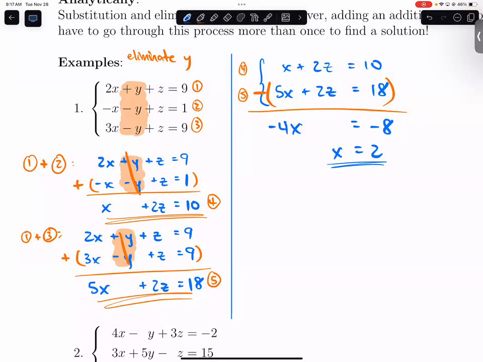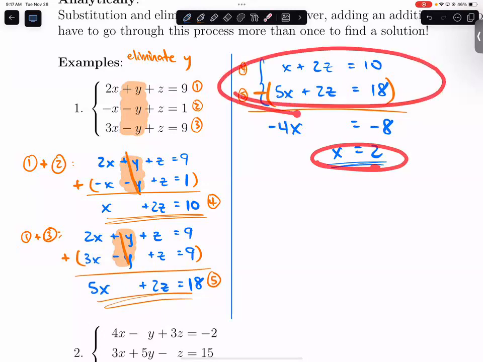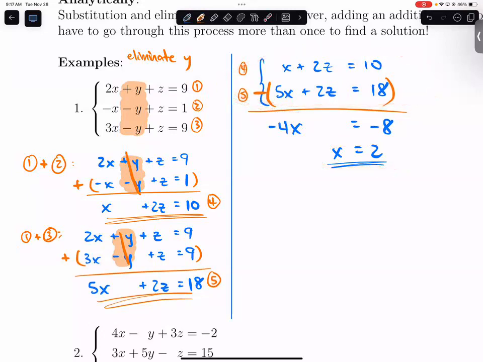So plug it back in somewhere that's gonna help, right? So take this, plug it back into one of these. If x equals 2, then the thing I've got labeled 4 becomes 2 plus 2z equals 10. So 2z is 8. So z is 4.